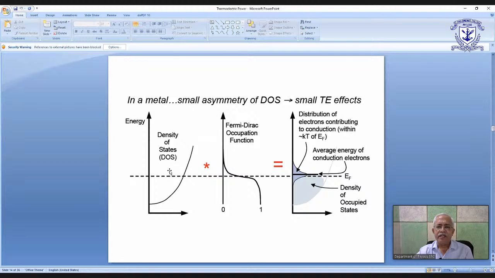So at a given temperature, you again multiply these two graphs and integrate, and you get the density of free electrons.